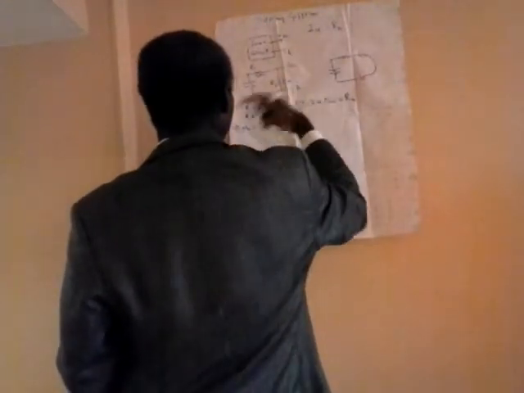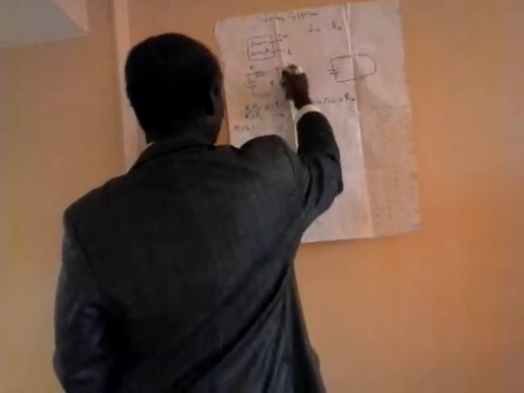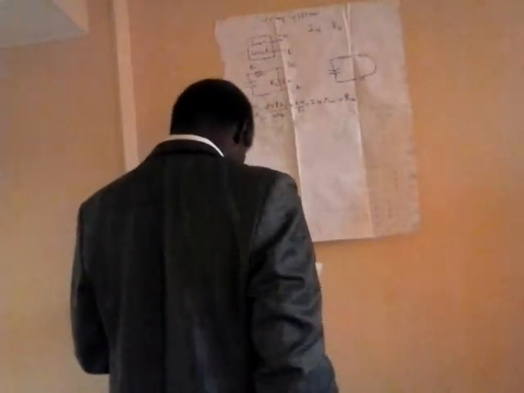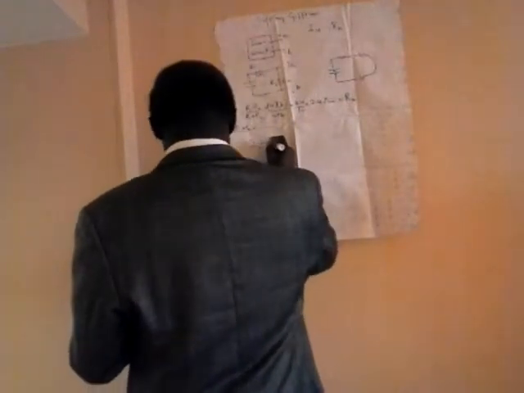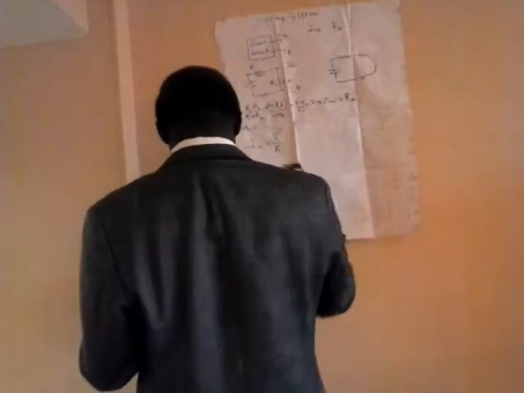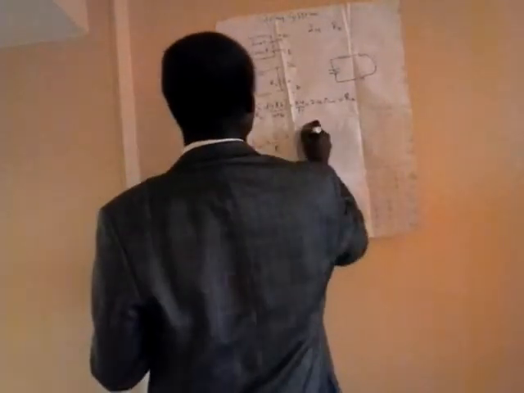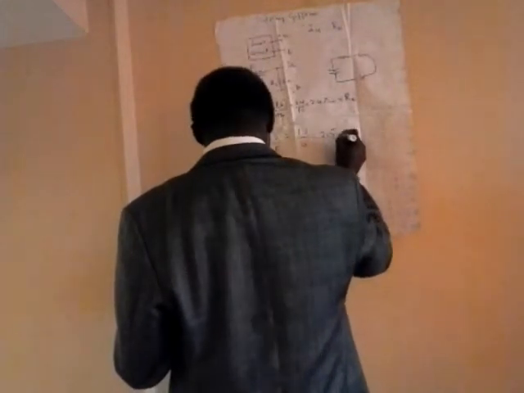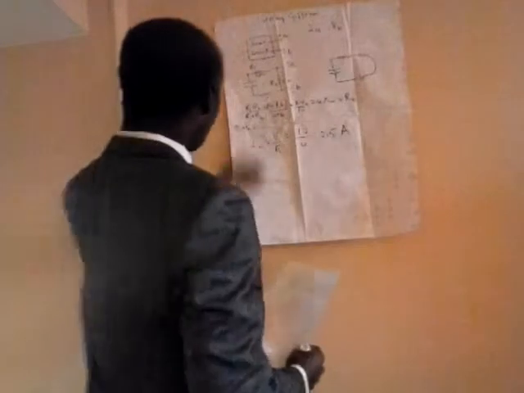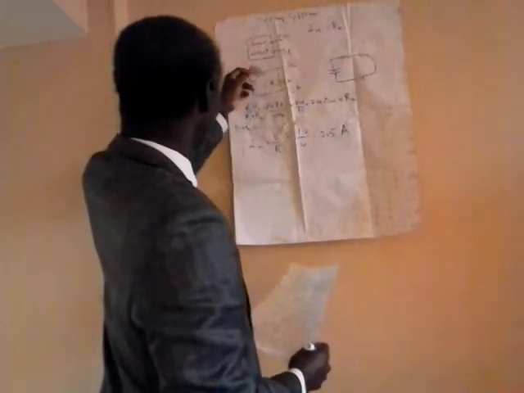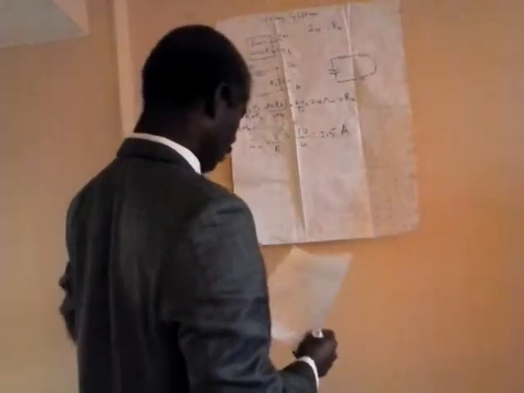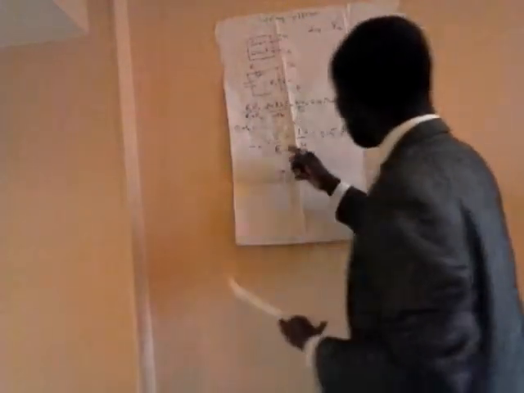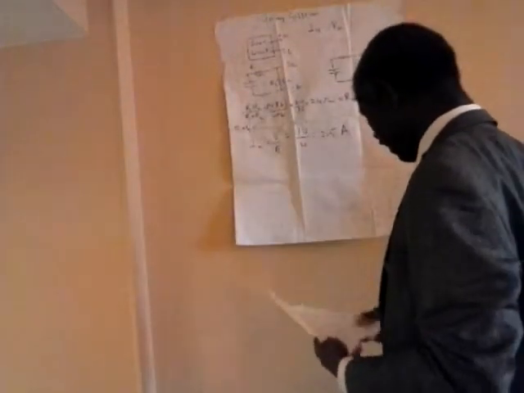After we short circuit here, we're only left with 4 ohms. So I Norton equals V over R, and V is the 10 volt source, so 10 over 4 is equal to 2.5 amps.